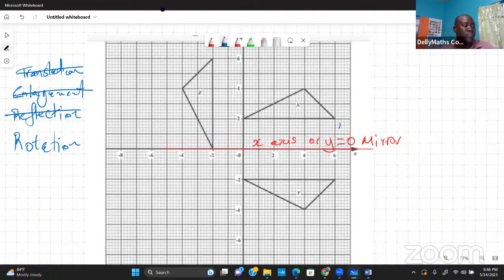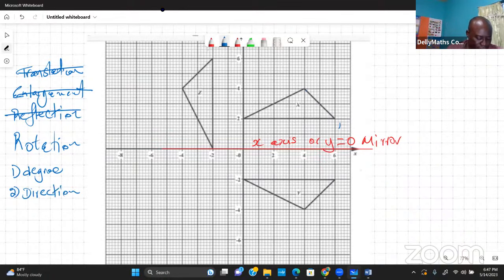So when you finally decide on what it is that you're dealing with, what do we need to identify for a rotation? There are a number of things that you identify for a rotation. One, you need to know the degree. You need to know the direction. Yeah?